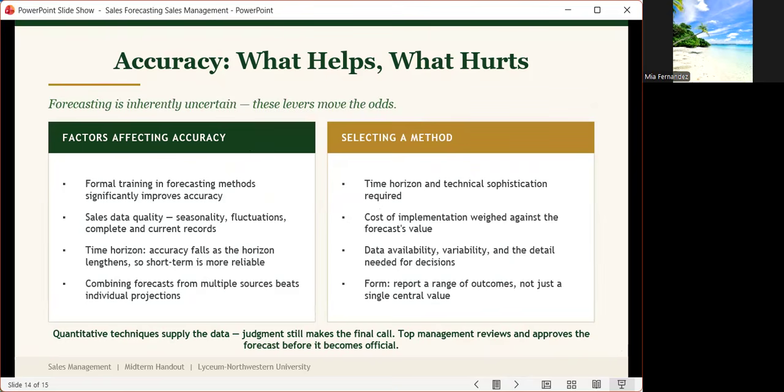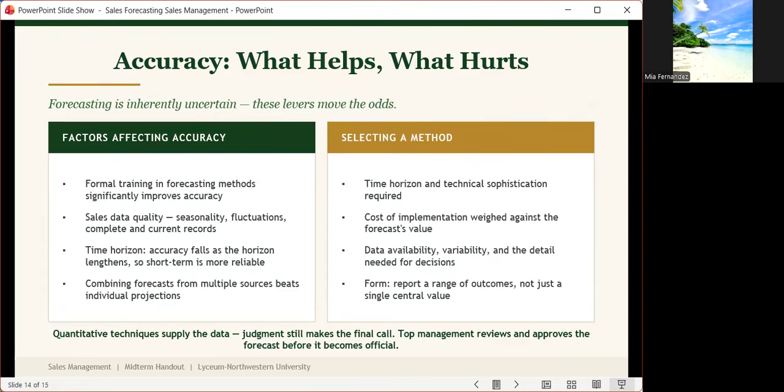Now, accuracy: what helps and what hurts. Forecasting is inherently uncertain, so these are the levers that move the odds. On the left, what affects accuracy? We have formal training, sales data quality, time horizon, and combining forecasts.